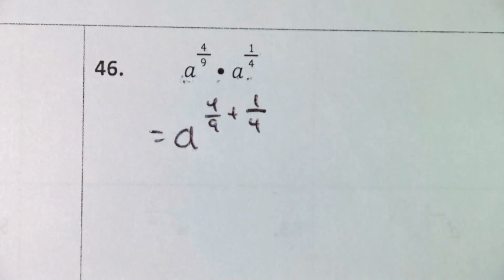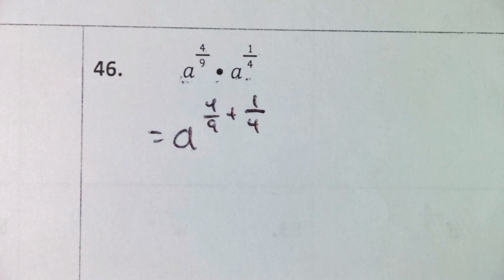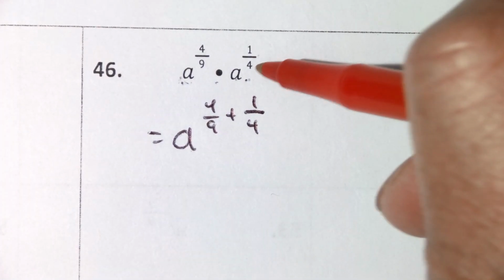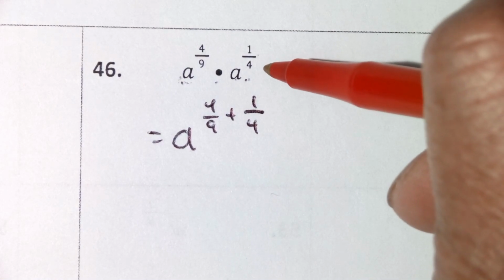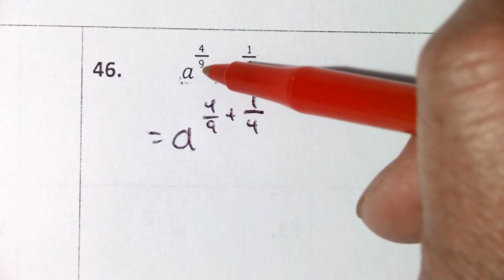Four ninths plus 1/4. We should recognize though we cannot add across because my denominator is not the same.